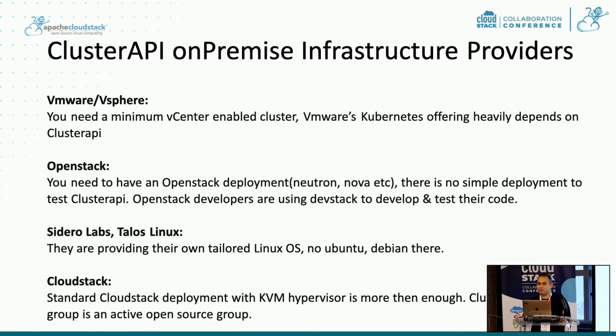Then I said to myself, hey, I have known CloudStack for 8 years, and I'm still using it. So why don't we try it? I checked the open source group about Cluster API, because in Cluster API there are lots of infrastructure providers, and they are privately maintained.